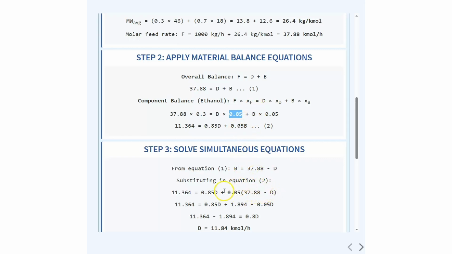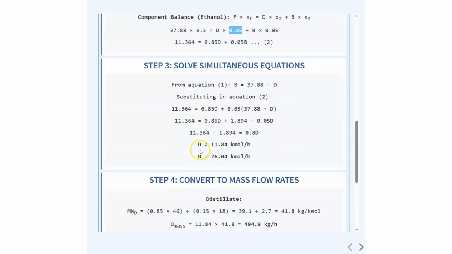Now if I do the calculation, we finally get B and D. Here B is equal to 26.04 and D is equal to 11.84 kilomole per hour. So our distillate flow rate is 11.84 kilomole per hour, and the bottom is 26.04 kilomole per hour.